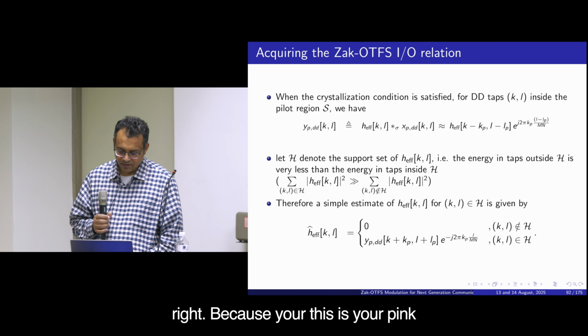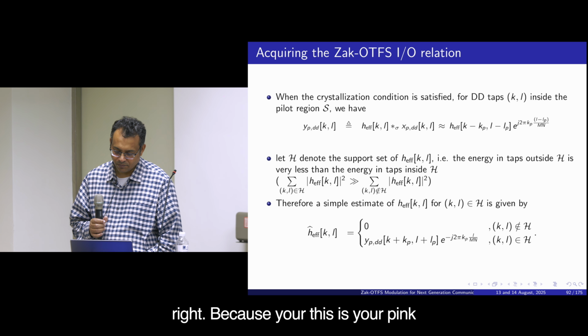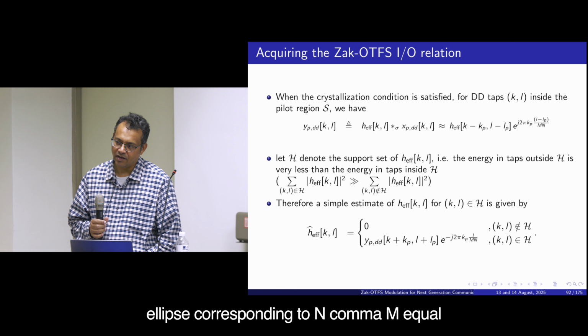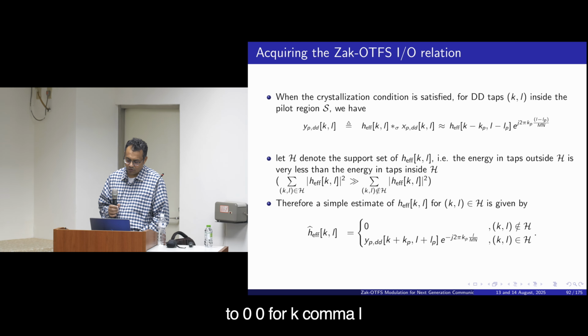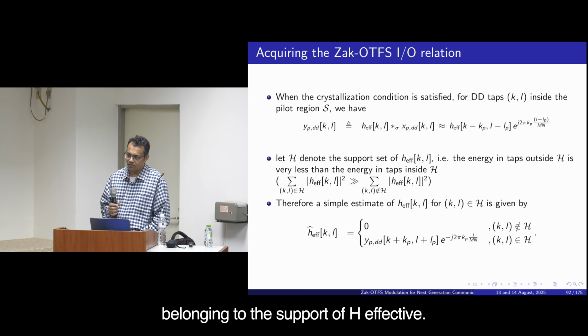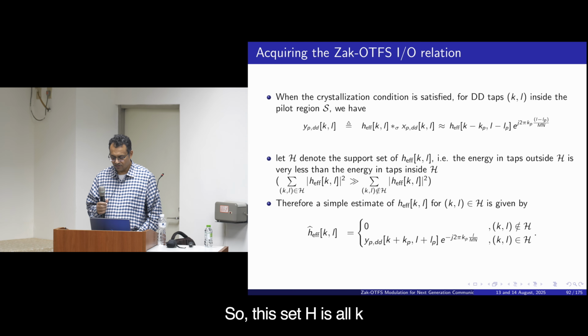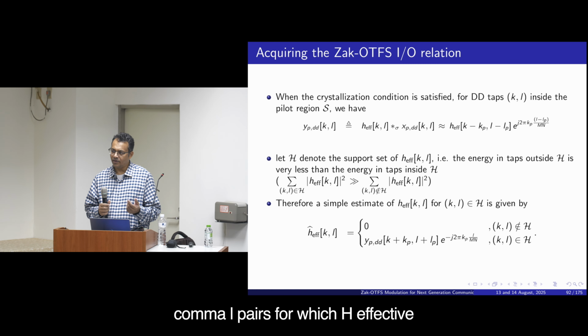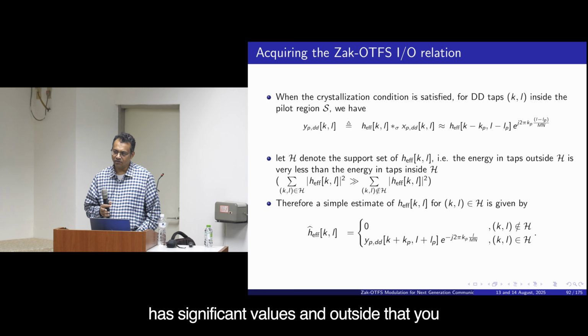Because this is your pink ellipse corresponding to n comma m equal to 0 0 for k comma L belonging to the support of H effective. So, this set H is all k comma L pairs for which H effective has significant values. Okay.